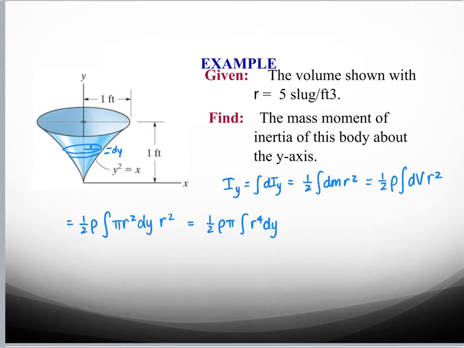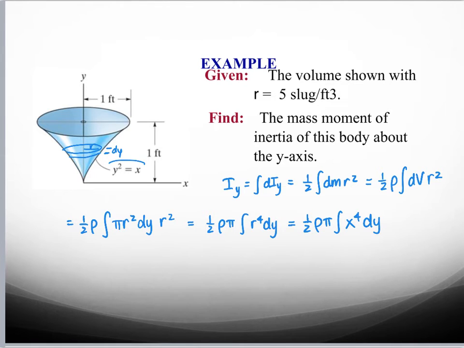Now, in our particular picture, of course, we can see that we're going to integrate over y, but I have this r to the 4th, which is the radius of the disk. Now, the radius of the disk is going to be measured in terms of x, so I'll write this as x to the 4th times dy, but it's still not good enough because I have an x there, but a dy, and so I have two different variables.